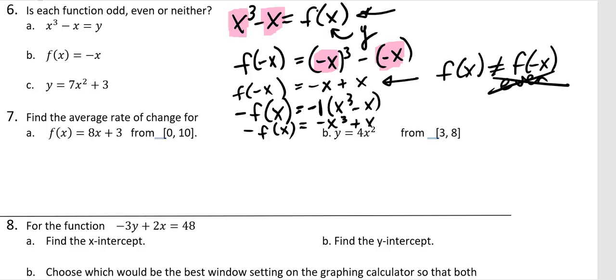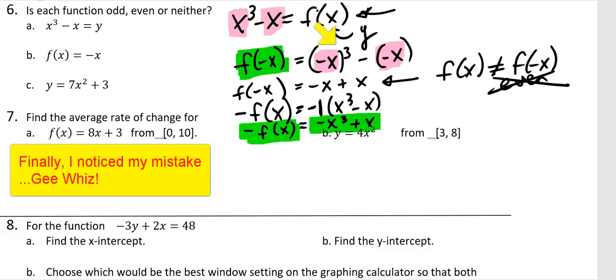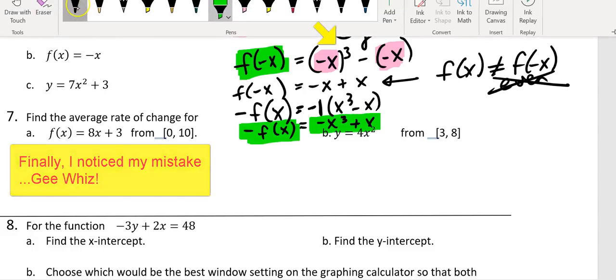Now I want to compare this to f at negative x. So I'm going to compare these two. Okay, so I have negative x cubed plus x, and, oh, I seem to have left out a cubed here. Let me fix that.